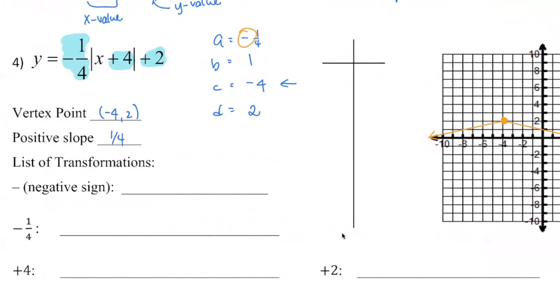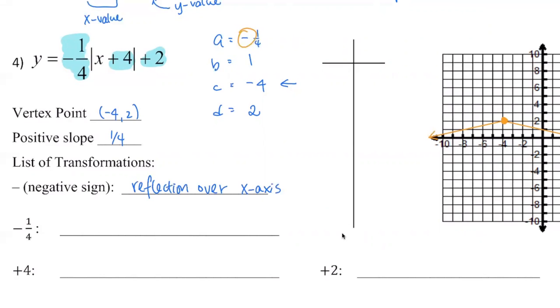The list of transformations. The negative sign right here in the very front means it's a reflection over the x-axis.